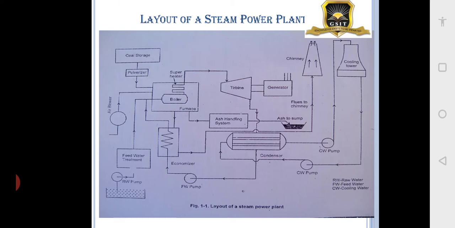There are 4 main components: boiler, turbine, condenser, and the pump. And to add on to that, you will have other components, like the cooling tower, the coal handling unit, pulverizer, water treatment plant. So many other ancillaries also will be there.